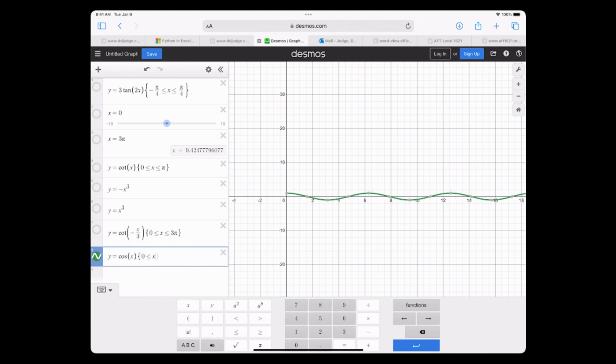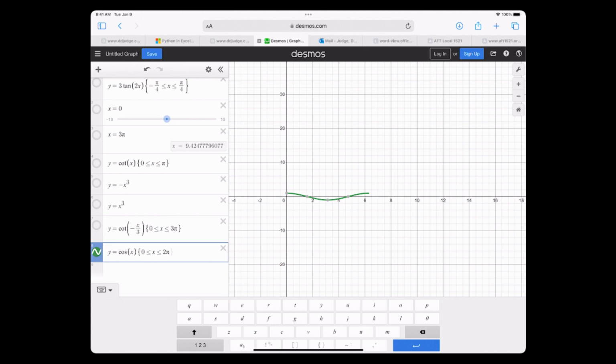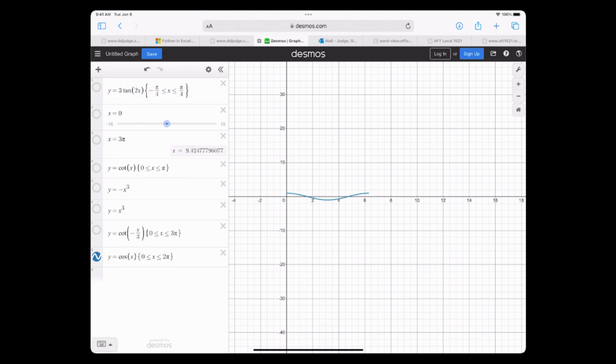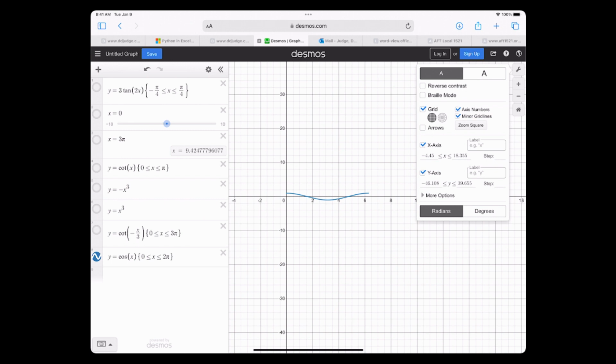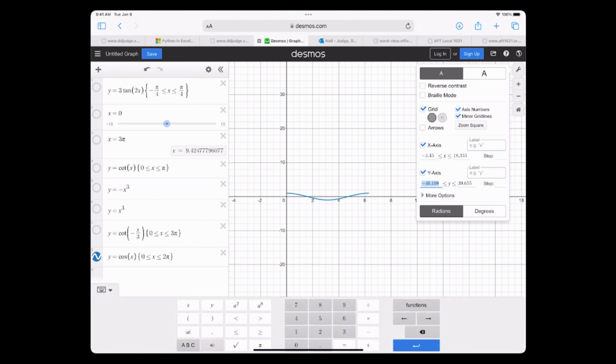Start at 0, and the last one, you go to 2 pi. And I'm going to paint that blue this morning. I have to fix the y-axis, as you guys can see. You guys can adjust that too if you're ever working with Desmos as well.